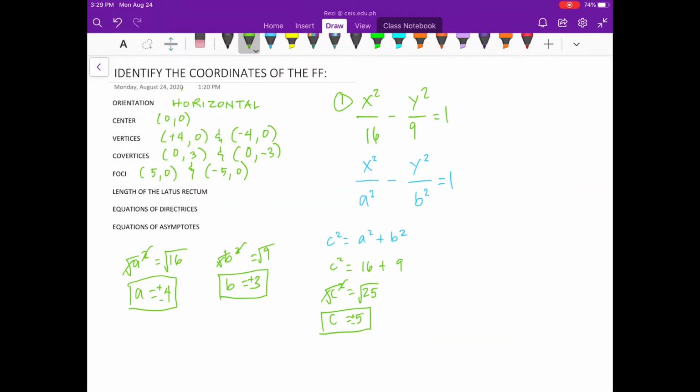For the length of the latus rectum, we need this formula. Substitute the values. We have... For the equation of the directrices, we need this one.